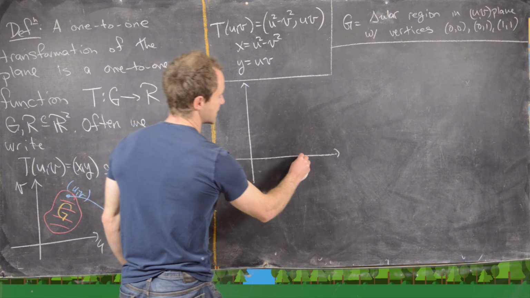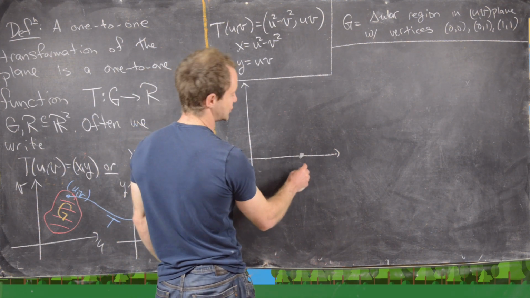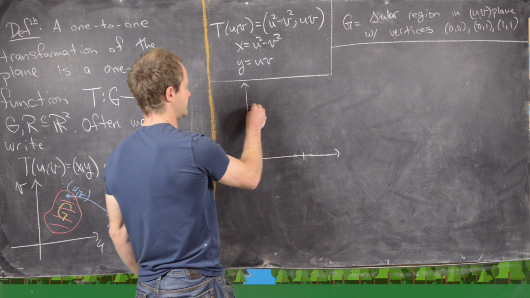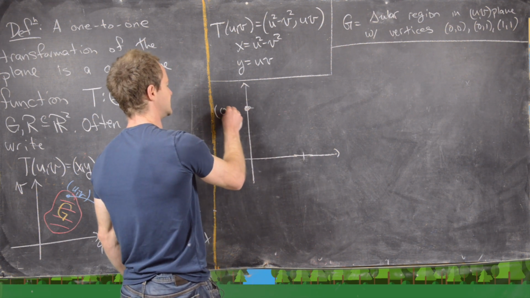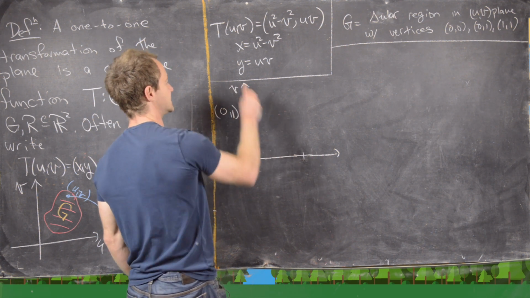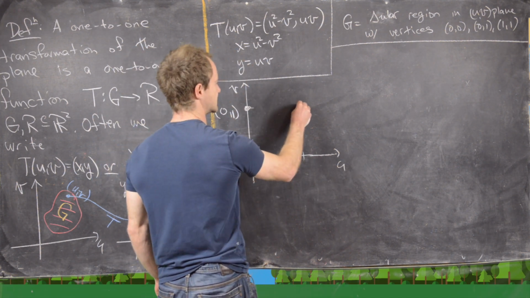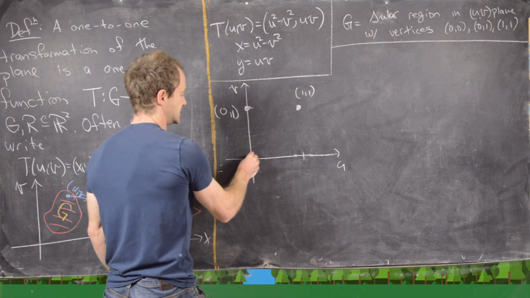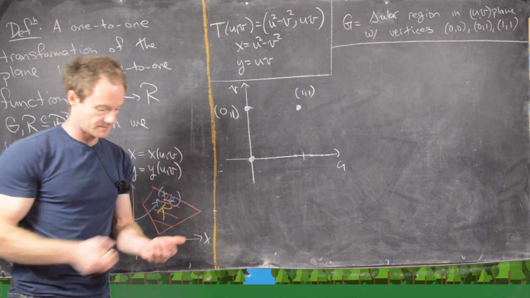Good, so down over here, we want this point right here, which is, sorry, we don't need that point right there. We'll want this point up here, which is 0, 1. So I'll say this is the v-axis, this is the u-axis. So this is my point 1, 1. And then down over here, that's our origin.